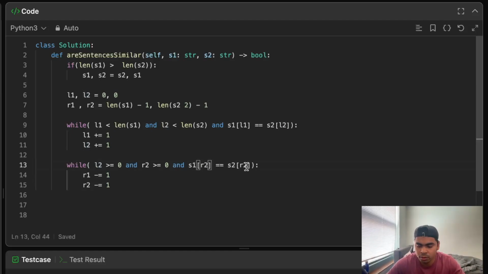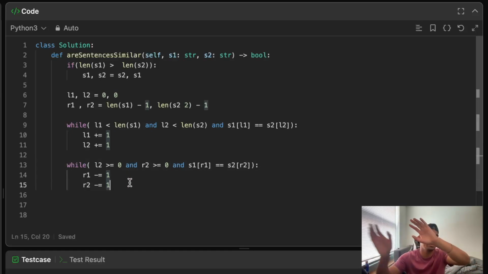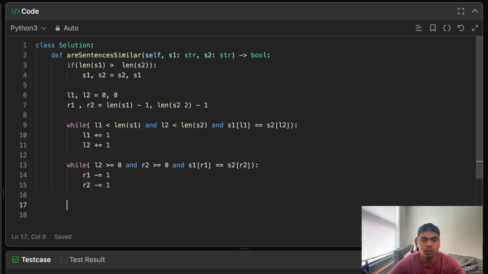R1 and R2, I'm checking if that keeps happening. I'll keep bringing these two pointers, which are basically pointing to sentence 1 and sentence 2, and I'm trying to check if sentence 1's words from the back also seem equal to S2. What I was trying to check is L1 and R1 for sentence 1.